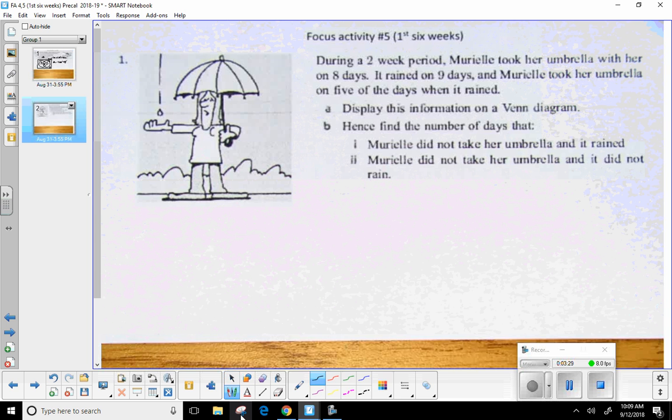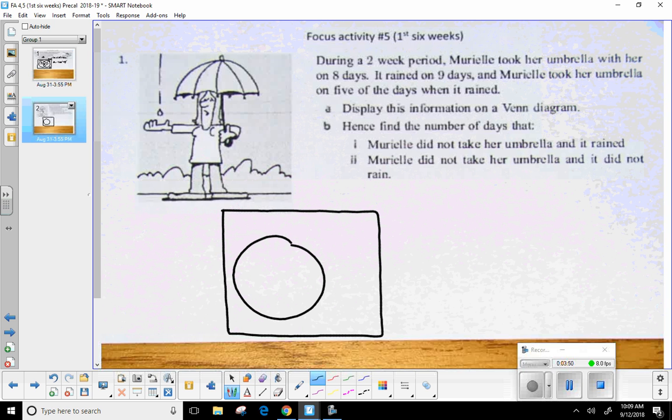During a 2-week period, Muriel took an umbrella with her on 8 days. It rained on 9 days, and Muriel took her umbrella on 5 of the days when it rained. Display this information on a Venn diagram. Okay, so let's see here. Well, we know that there were days where she both took her umbrella and it rained. So I'm going to draw a couple of overlapping circles.